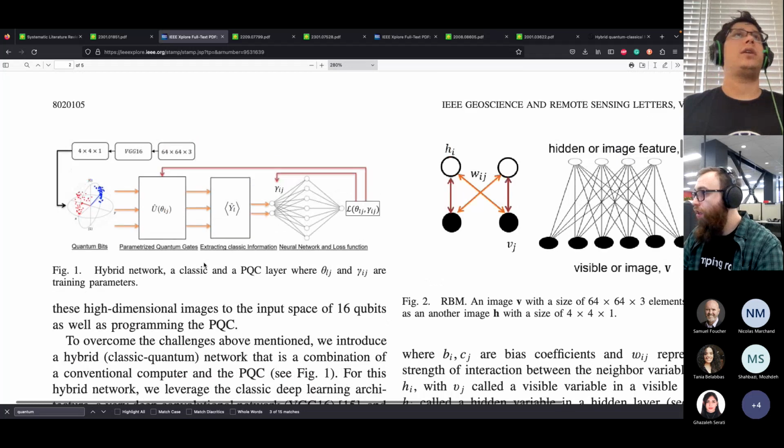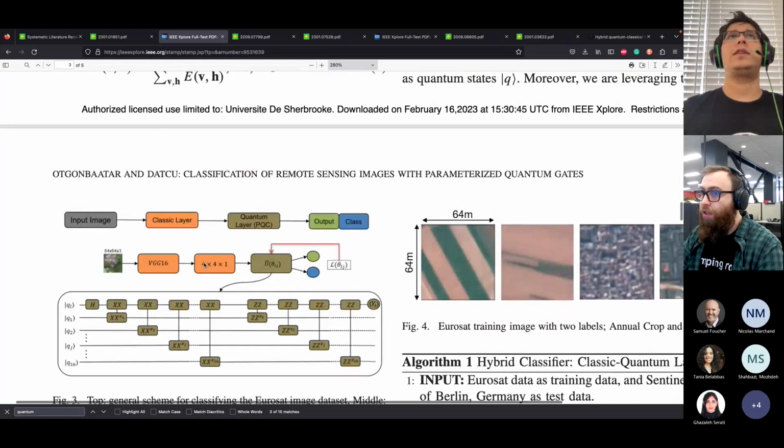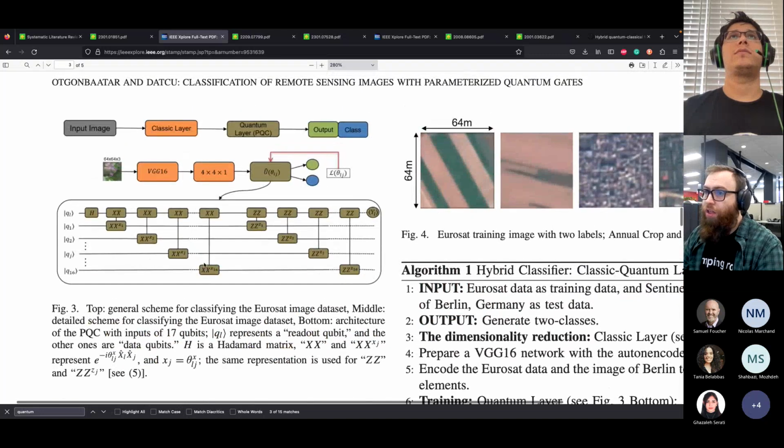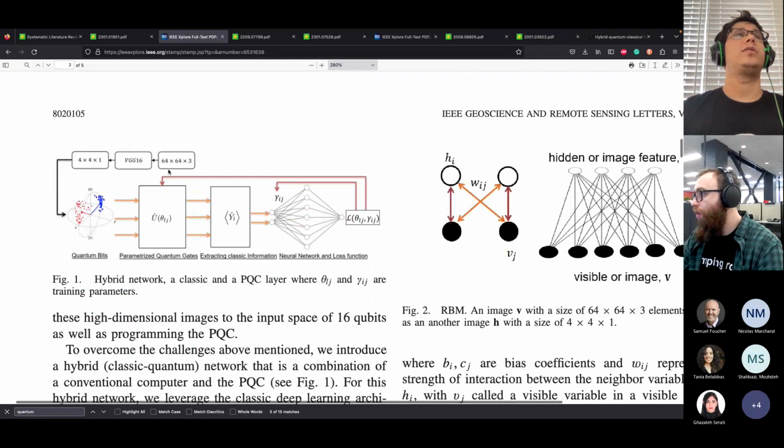And apparently that's not the whole story. Let me see if they have something else. Yeah, actually it's in this image. Again, they use a VGG to do dimensionality reduction. Their images are 64 by 64 color images. They put them into a VGG, reducing the dimensionality, so they have a 4x4 tensor.